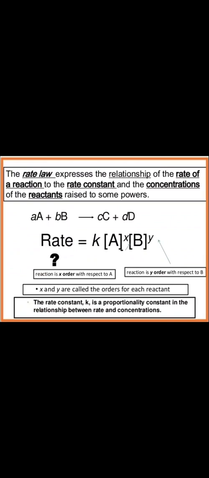The rate constant K is the proportionality constant in the relationship between rate and concentration of reactants. Rate constant K is also called the specific rate constant.